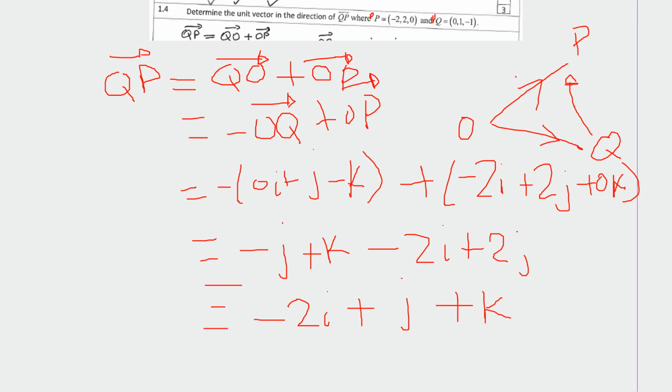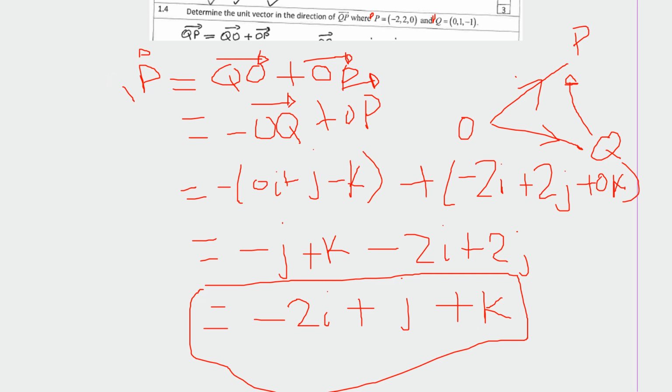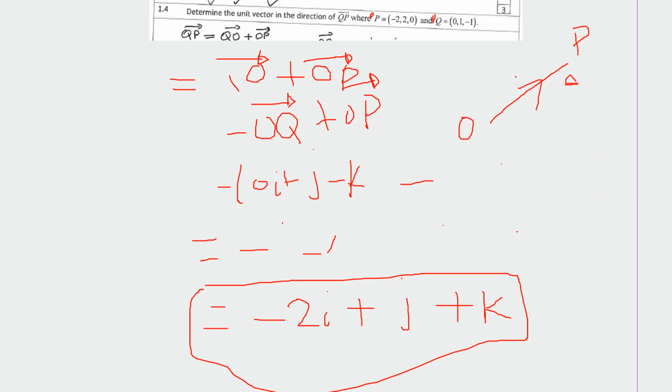So basically, this is the vector PQ. So now when you have the vector PQ, you have to do what? To find the unit vector of PQ. Okay, let me just erase at the top here. You can simply go back if you want to what I've written at the top there.